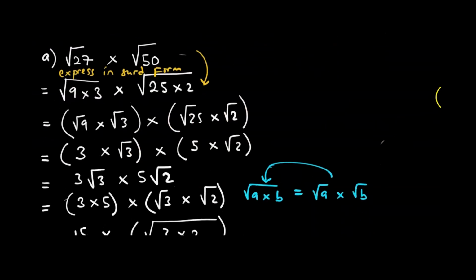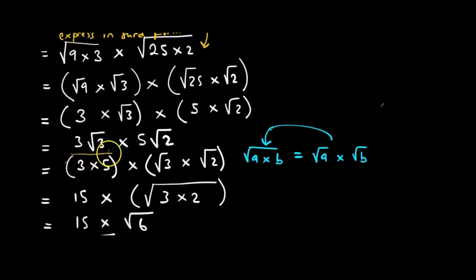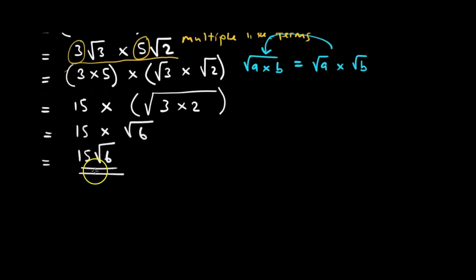Saka taexpressa in surd form tinosvika chi panapa apa. Then panapa we multiply like terms. We multiply like terms. And saka tacollecta manamba ega kama multiplier, collecta ma square roots ega kama multiplier. Then kana ta multiply kudaro, we get to our final answer.